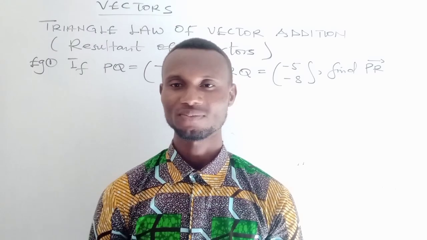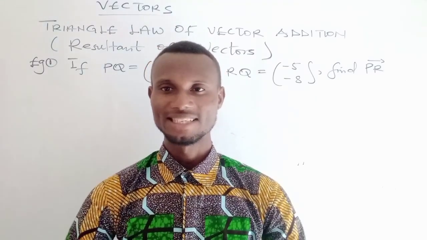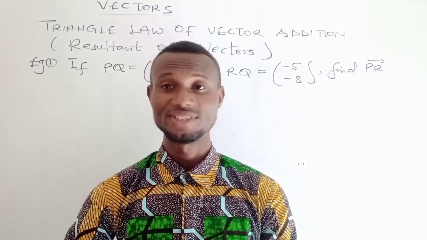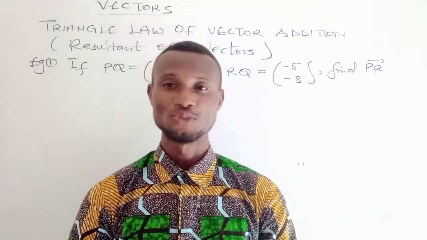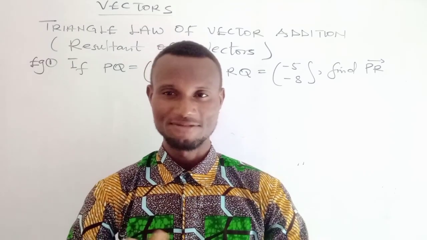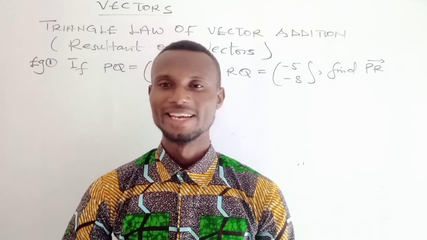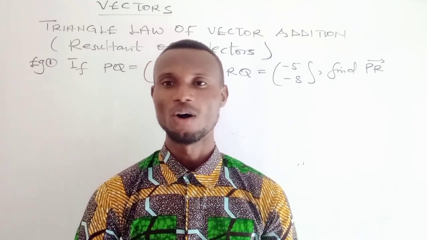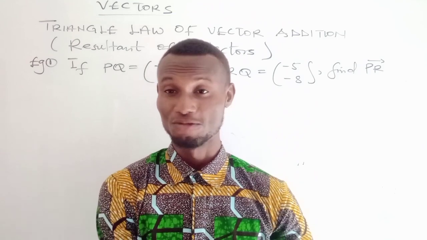Now, having any three given vectors, and those three given vectors are represented by three sides of a triangle, there is an addition law that governs that representation, and that law is what we refer to as the triangle law of vector addition, which is the same as resultant of vectors.